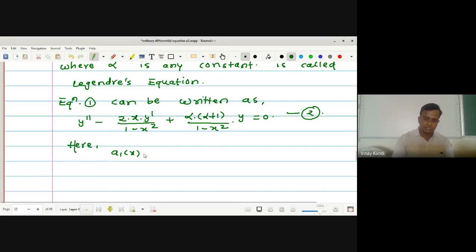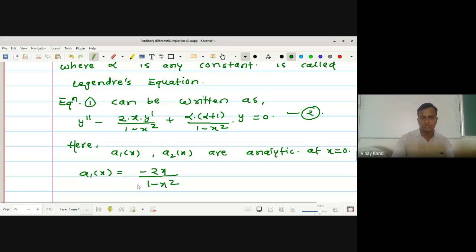Here a1 of x and a2 of x are analytic at x is equal to 0. Put x is equal to 0. What is a1 of x? Minus 2x upon 1 minus x square.